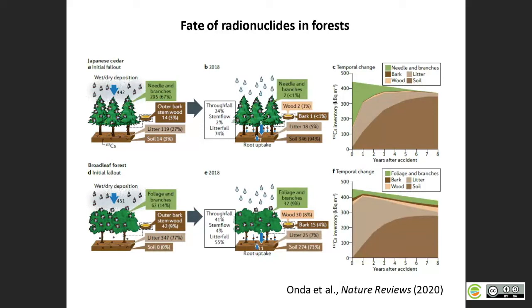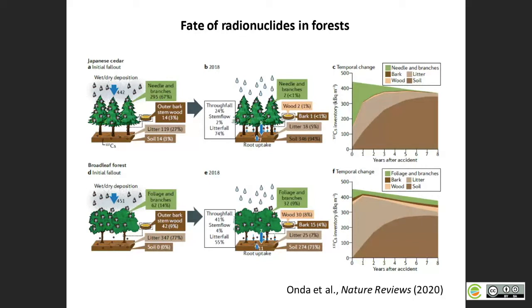So you have a different cycle and a different timing of the distribution from the canopy to the soil, but what our colleagues working on the first sites showed in a recent review is that even 6 years after the accident, the proportion of the cesium fallout that took place in the forests, whether it's an evergreen forest or broadleaf forest, has now been transferred to the soil layer.